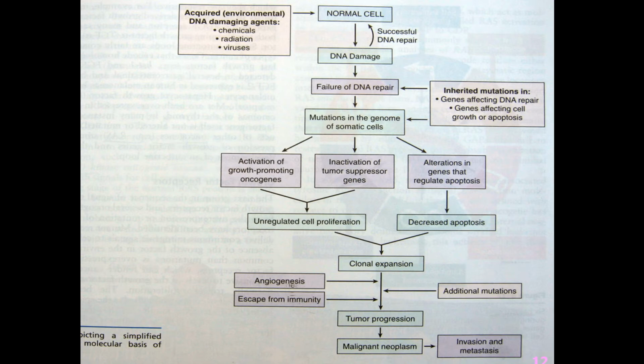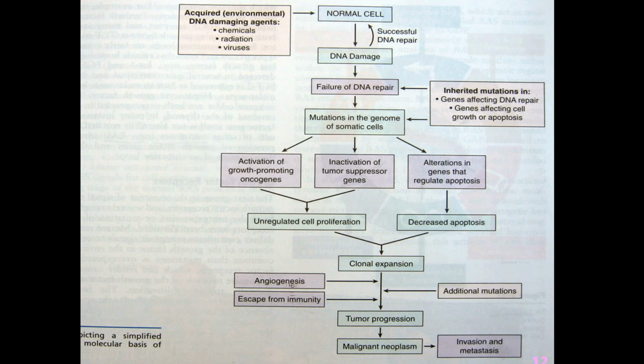Okay, under the influence of these factors, DNA damage occurs in the genome of the normal cell. But the process is reversible here if the patient has a normal DNA repair system.